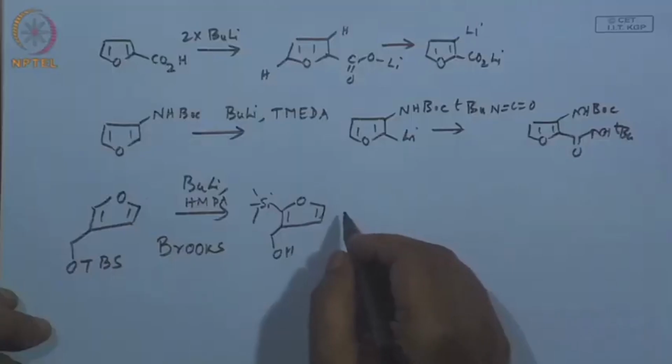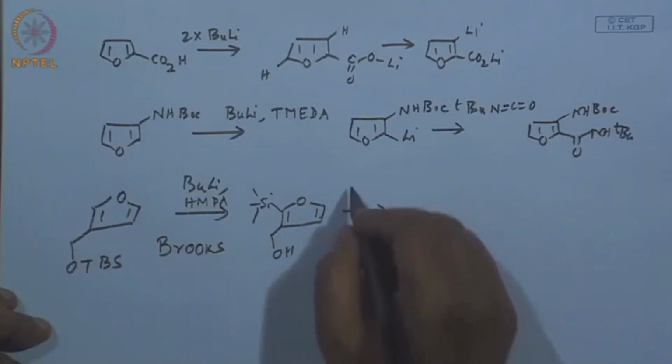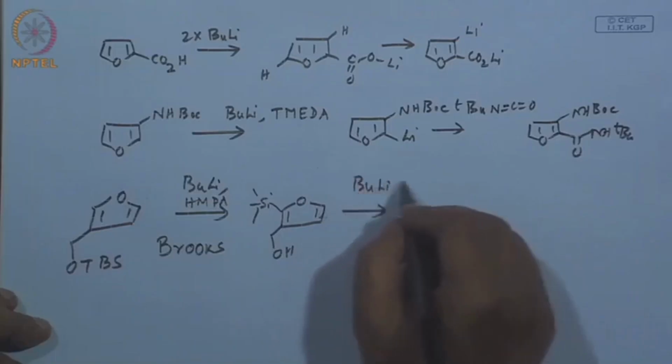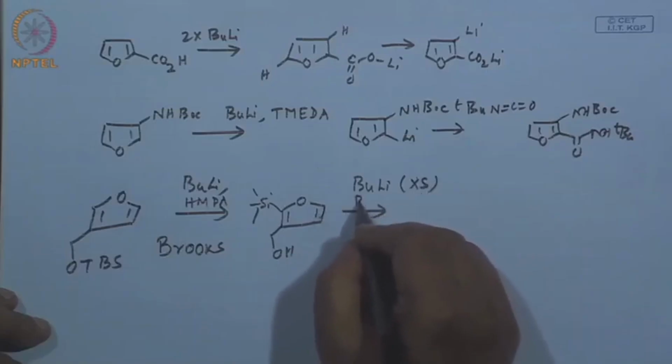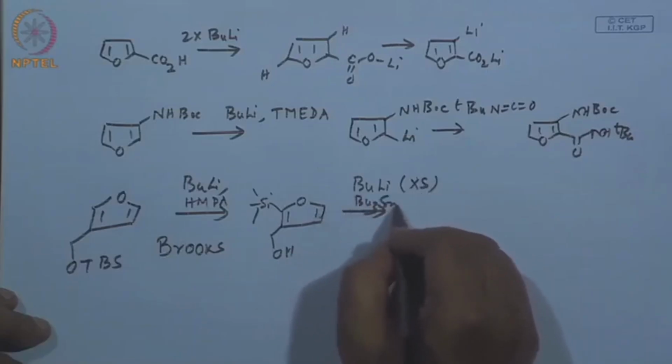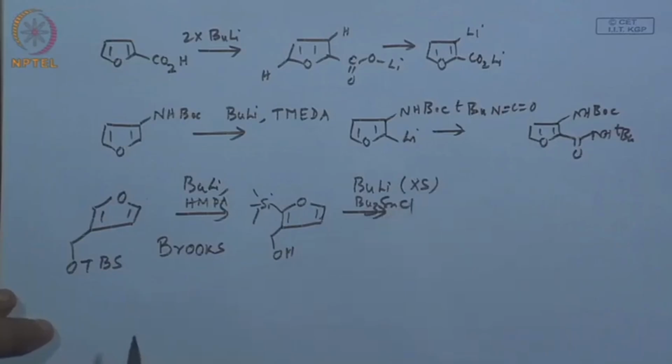What next? If you again use excess butyl lithium and butyl tin chloride, now you can guess what would be the reaction. The lithiation would take place at, there is no other option, 3 position, that is it.